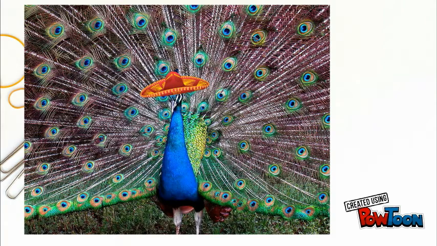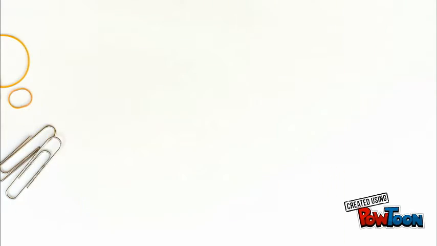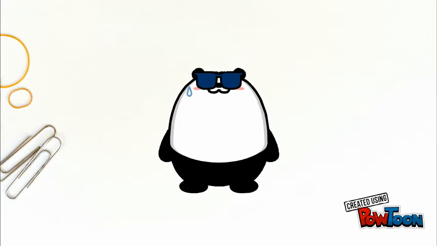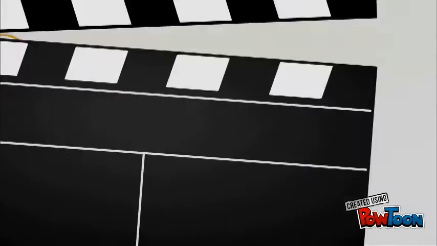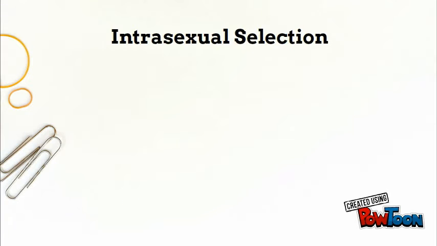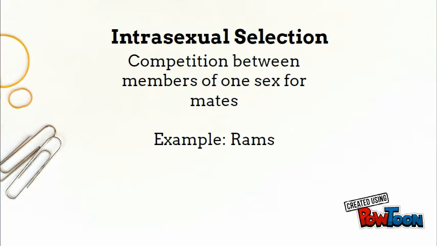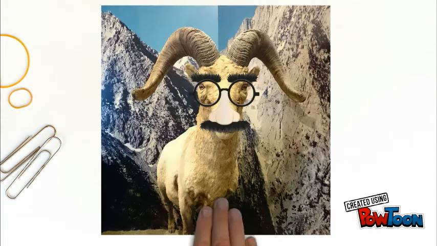In a nutshell, the most attractive member of a population will also be the luckiest. Wink wink. The other type is intrasexual selection, where members of one sex compete for mates, like rams. Male rams fight each other, or ram each other, to win female rams. So when you think two guys are silly for fighting over the same girl, just remember, it's part of the circle of life.